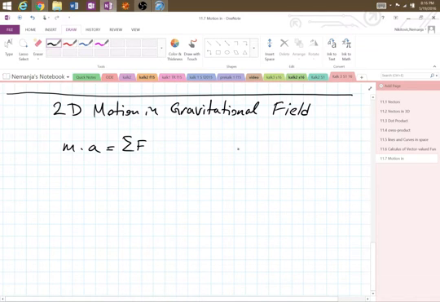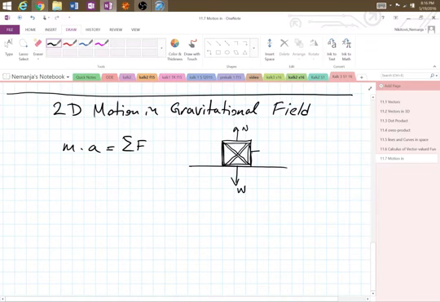What are we talking about here? If you have a crate. It's not a crate unless it has the edges and things. So here. It's a crate. So if you have a crate, the crate is going to have a weight that's pushing down. It's going to have the normal force pushing up.